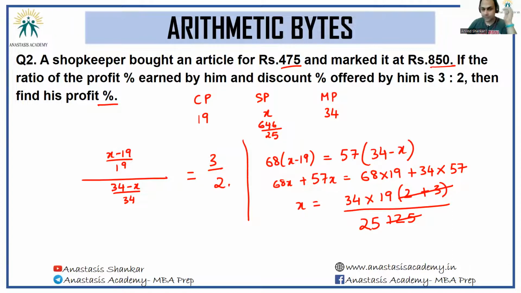SP is turning out to be this. Finally, I need the profit percentage. So I will go 646 divided by 25 minus 19, whole thing divided by 19, into 100. This is what we need. Okay, 25 into 19 is 475.